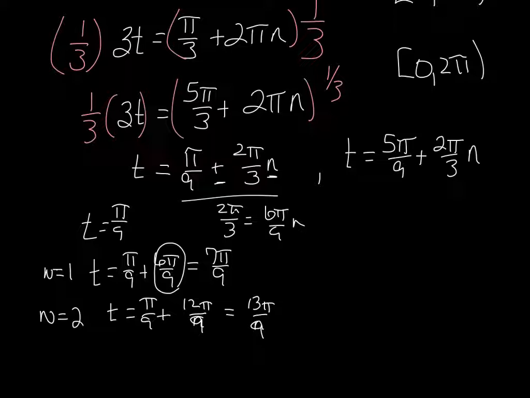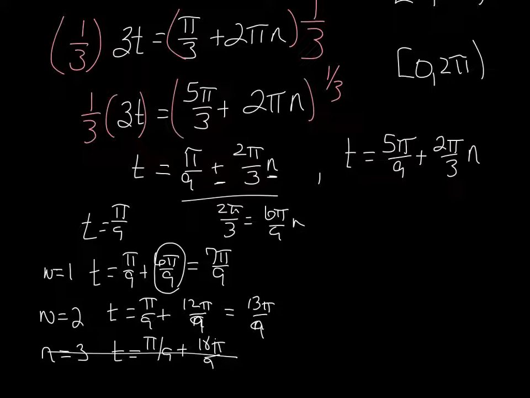Yes. So for n equals 1, I had 6 pi over 9, then I multiplied by 2 and got 12 pi over 9. Let's see what happens if we multiply 6 pi over 9 by 3. Pi over 9 plus 3 times 6 pi over 9 is 18 pi over 9. That's already going to take me over 2 pi, so I'm done for that one.